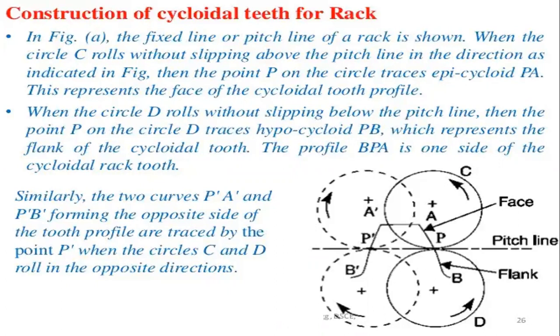So these are going to be without slipping below the pitch line, and then the point P on the circle D traces the hypocycloid, and in the earlier one the point traced out the epicycloid. So that is the difference between the two, and the profile BPA indicates one side of the cycloidal rack tooth. So that indicates the cycloidal rack tooth of one side.